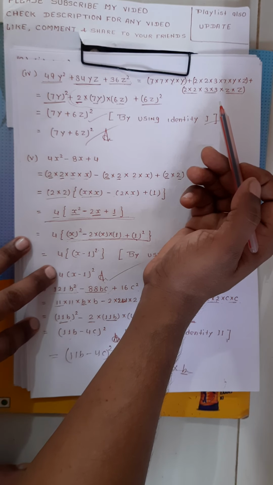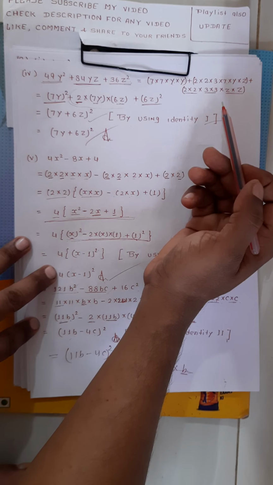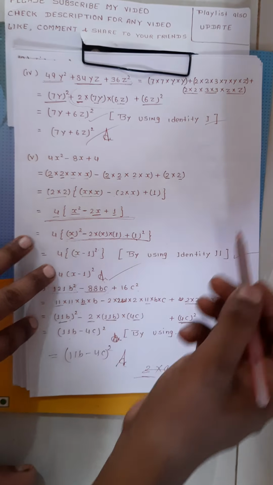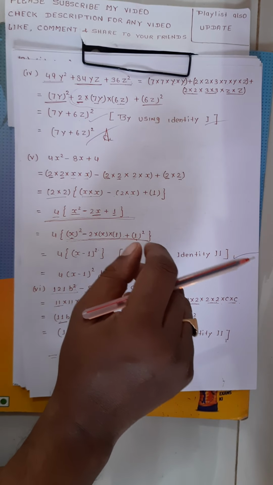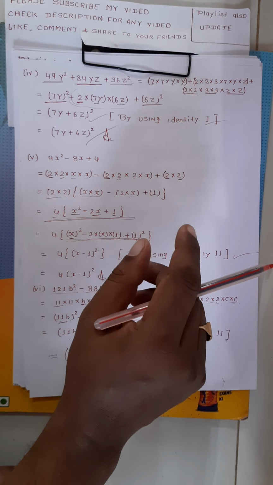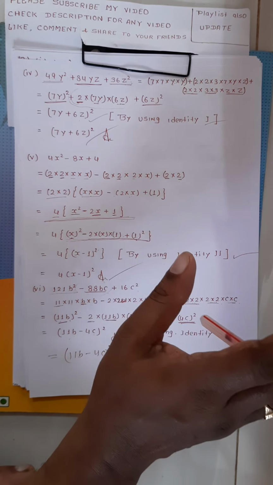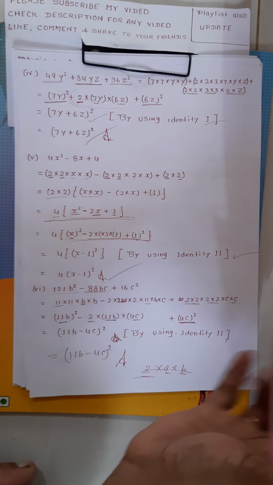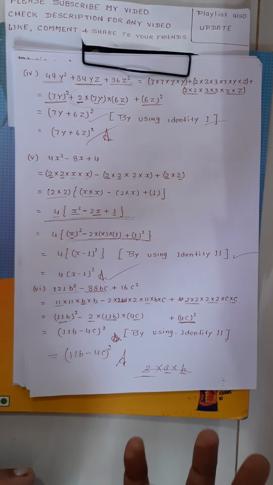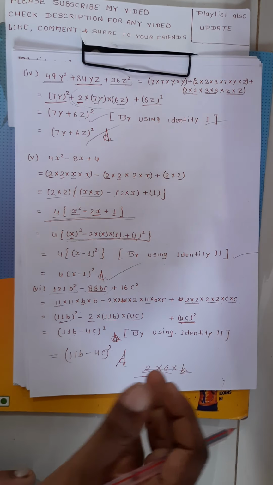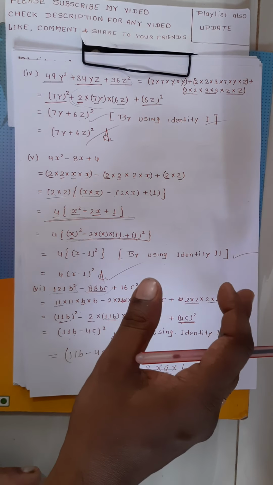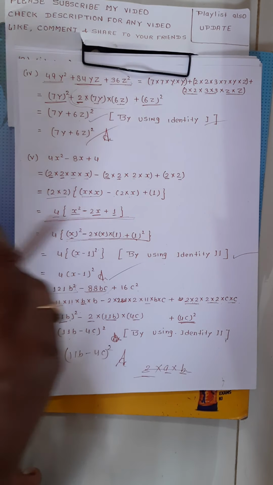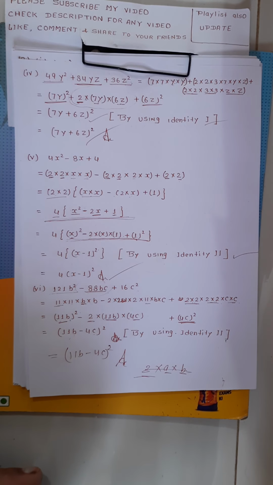Identity number third is also not possible because it does not have 2 terms, it has 3 terms. For 3 terms we use only identity number first and second. Identity number fourth is also used for 3 terms, but it needs a special structure, so we will not talk about identity number fourth. So we will check for identity number first and second.